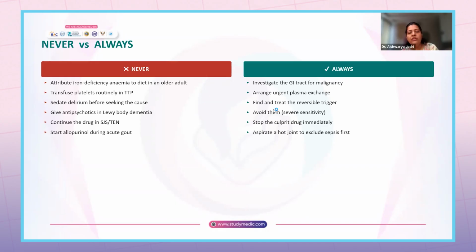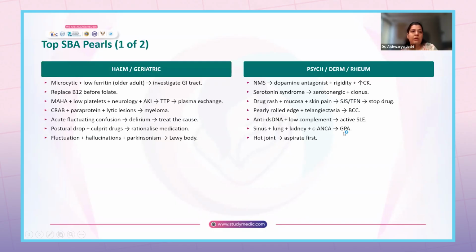Antipsychotics should not be given in Lewy body dementia. Always stop the culprit drug in SJS or TEN, and aspirate a hot joint. This hot joint could be gout, pseudo-gout or septic. Microcytic anemia with low ferritin in elderly, investigate GI tract.